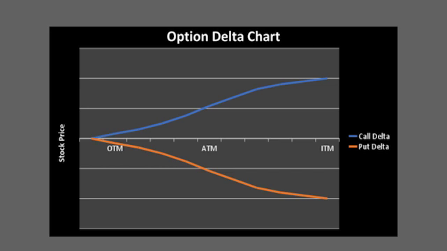And that's what this chart is illustrating: the characteristics of call and put option deltas as they shift from being out of the money, OTM, to at the money, ATM, to in the money, ITM. This shows the relationship of these deltas and how delta is measured based on being in, out, or at the money.